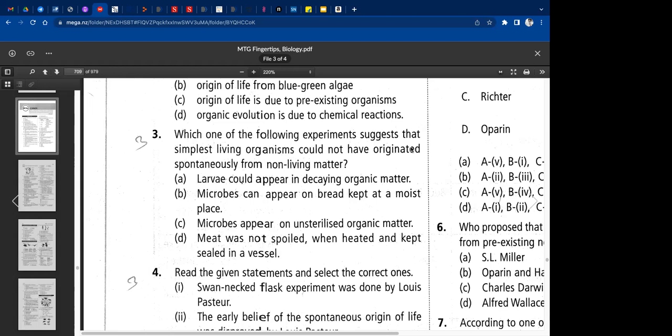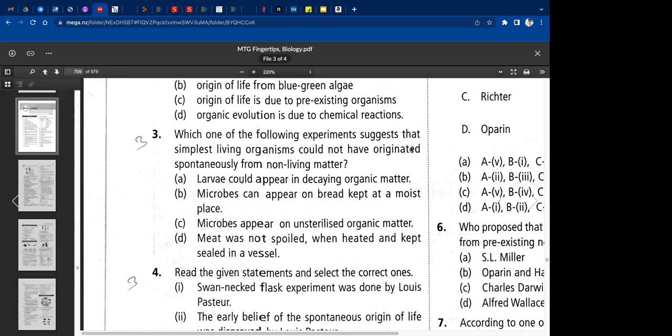In dead and decaying matter, larvae could come. These larvae are not from the same species, which is dead now. These are different larvae. Now, where do the larvae of flies come from?